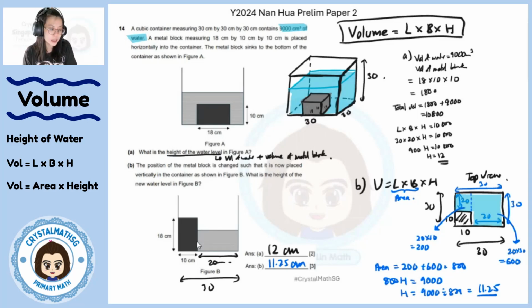So do remember, when I taught during the lesson, I said before, length times breadth times height is the general formula. Length times breadth, you know, is an area. So actually volume is what we call the base area times the height. If you're talking about a circle, you want to find the volume of this cylindrical container, it's the base area of the circle times the height. Why?